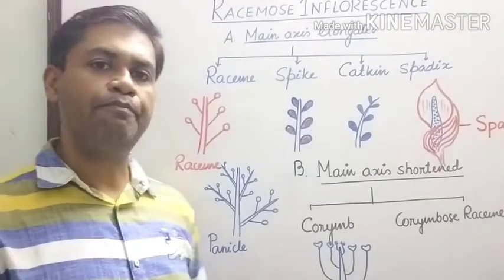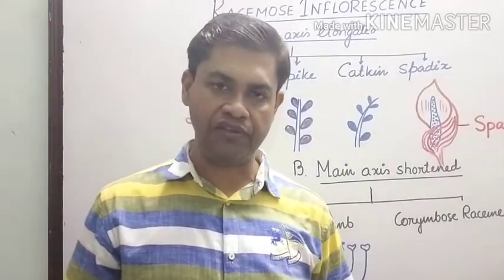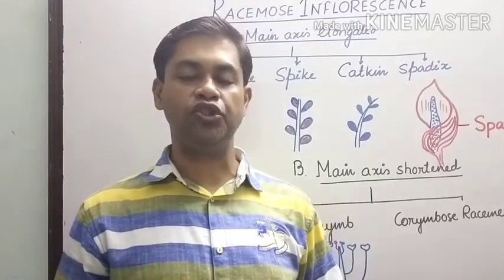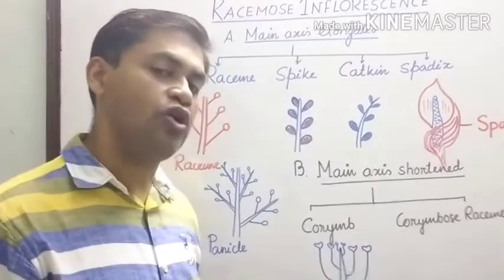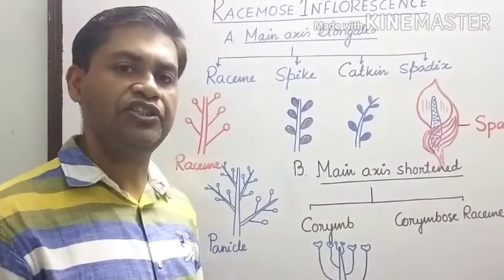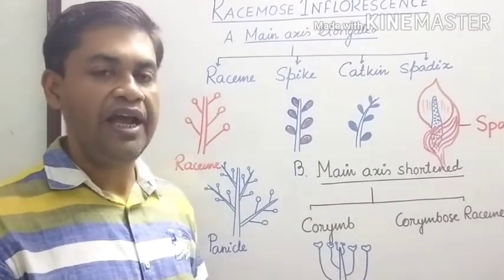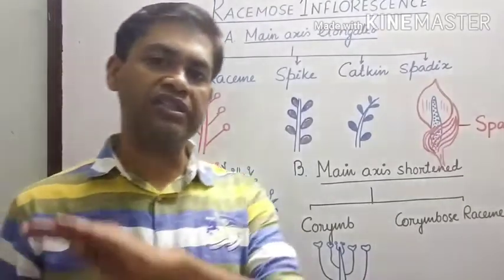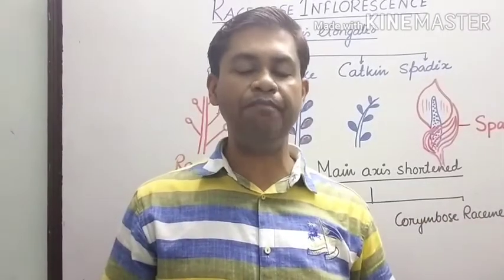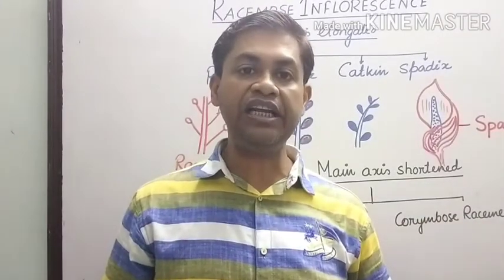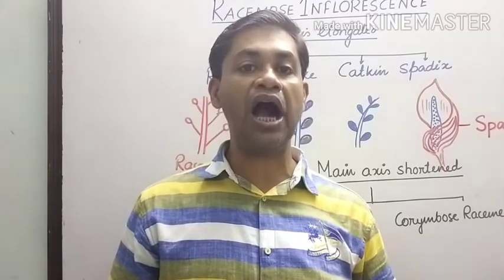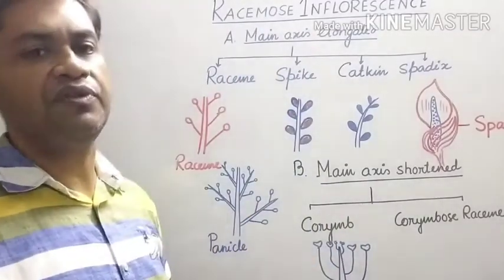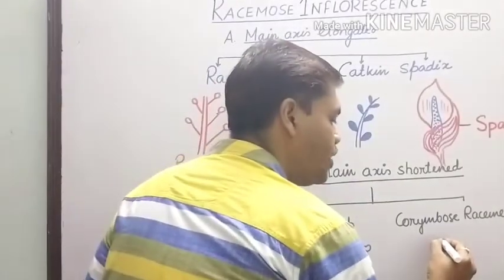The flowers born on the lateral side of the main axis in acropetal succession have longer pedicels at the bottom, and as you go up the stalk length decreases, in such a manner that every flower remains on the same line. That is called the corymb. Example is the Candytuft amara. And another one is the corymbose raceme.